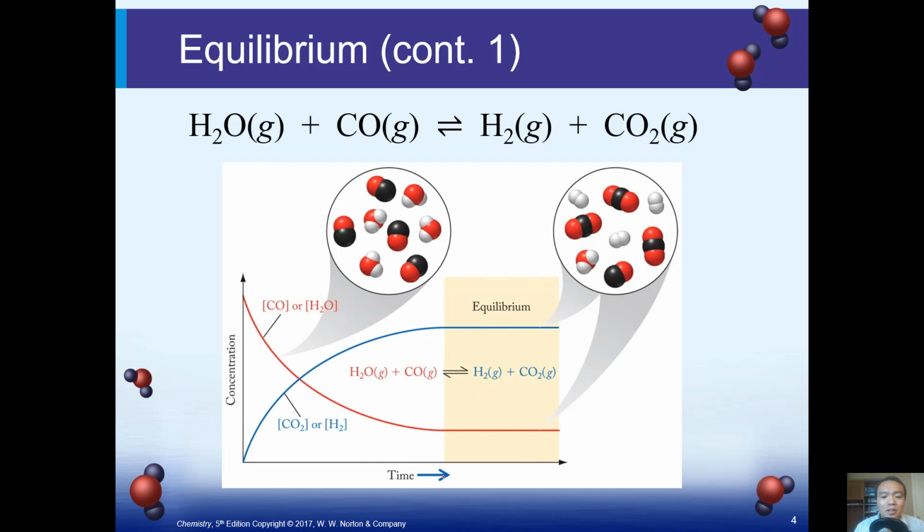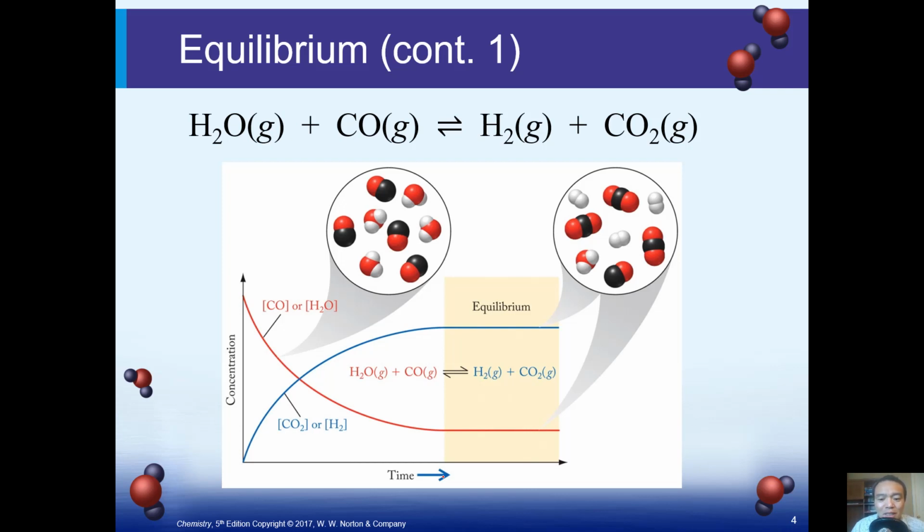Let's look at one specific example. Consider this industrial process for making hydrogen gas. In the first step, methane and water react to form carbon monoxide, CO, and hydrogen, H2. In the second step, which is shown on this slide, carbon monoxide produced in the first step reacts with more water to form hydrogen and carbon dioxide instead.